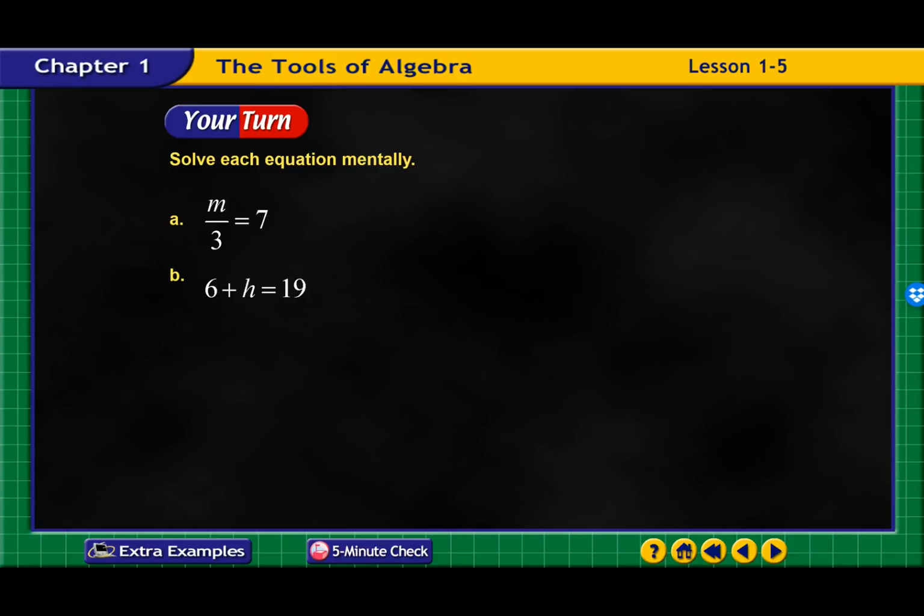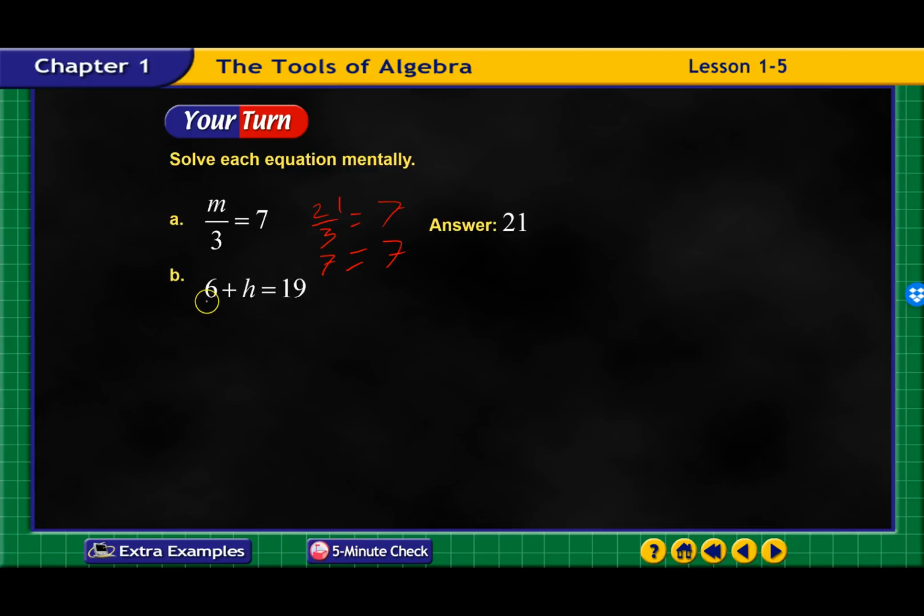All right, so for letter A, we've got to think, what number divided by 3 equals 7? If I multiplied 7 by 3, that would come out to 21. So my answer is going to be 21. So 21 divided by 3 would come out to 7 equals 7.